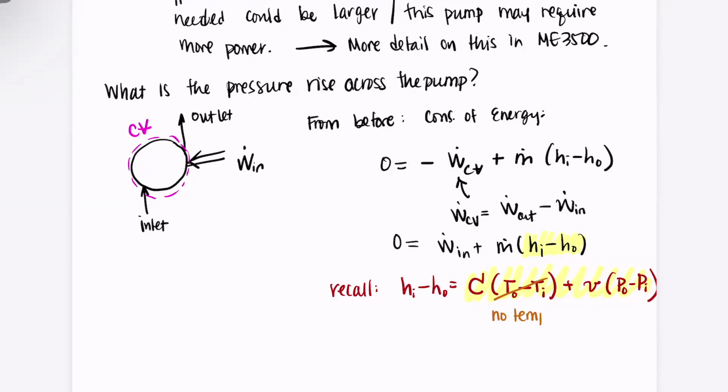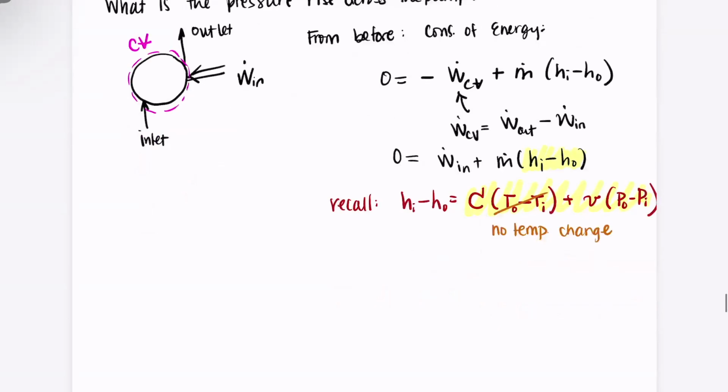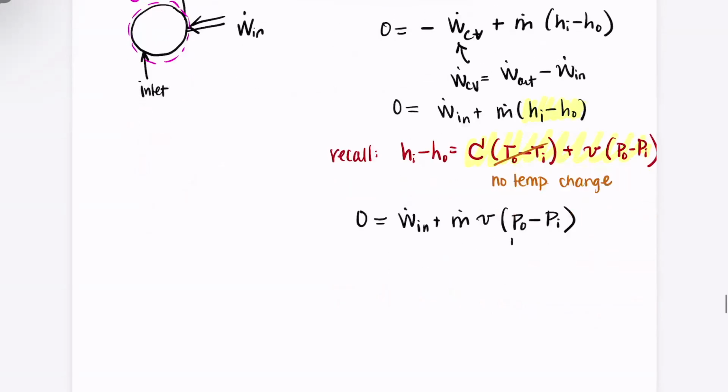No temperature change. Our equation then becomes 0 equals W dot in plus m dot times specific volume times (P out minus P in). If we want to find this, we just solve for it, and so we have P_o minus P_i equal to minus W dot in divided by m dot times specific volume.